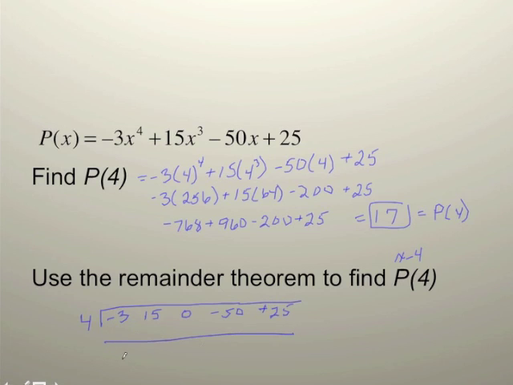Using my synthetic division steps, bring down the negative 3. 4 times negative 3 will be negative 12. Add, I'll get 3. 4 times 3 is 12. Add, I'll get 12. 4 times 12 is 48. Add, I'll get negative 2. And 4 times negative 2 is negative 8. And 25 minus 8 is 17. There's my p of 4. So this actually really does work.